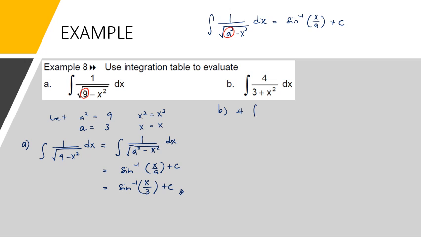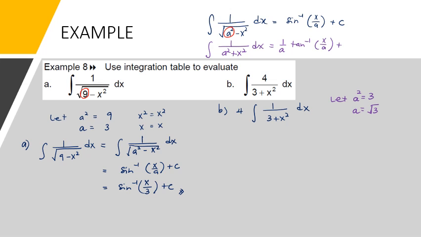So 4 times the integral of 1 over 3 plus x squared dx. We let as before: a squared equal to 3, so a is square root of 3. Which formula do we use here? The integral of 1 over a squared plus x squared dx is equal to 1 over a tangent inverse of x over a, plus c.